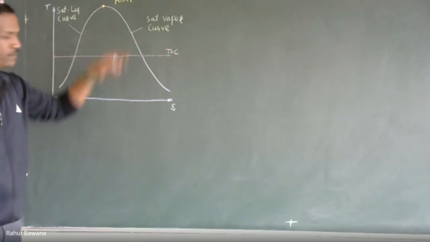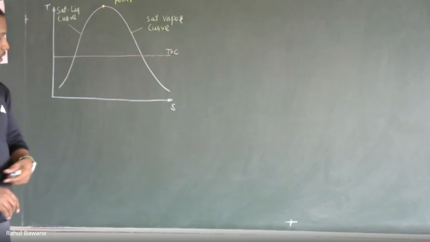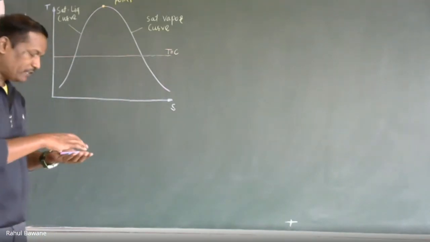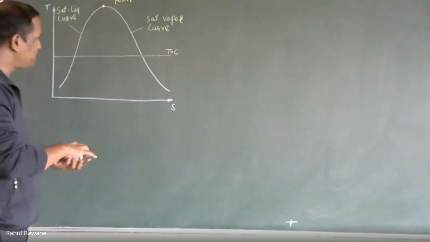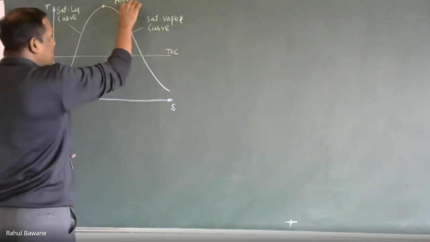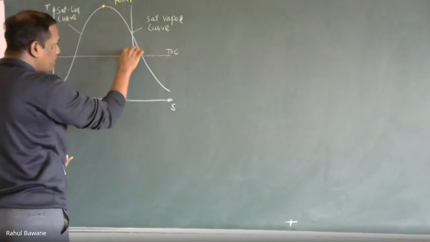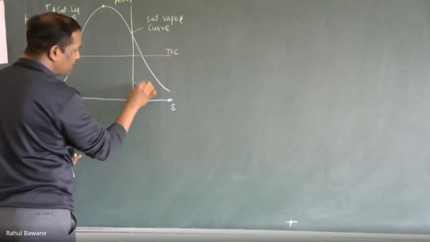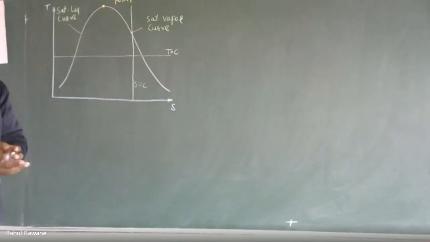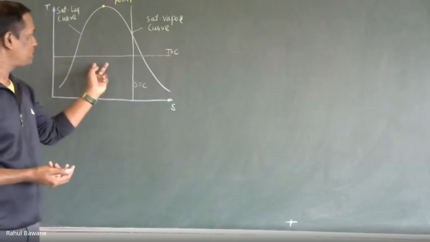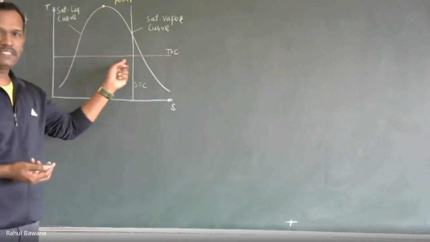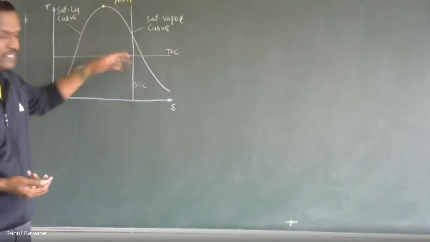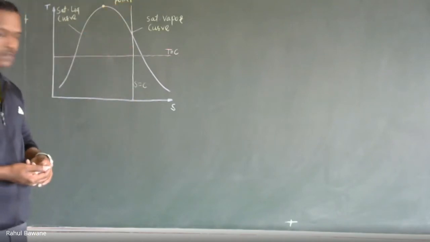If any process is an adiabatic process, entropy remains the same. In that case, we get an exactly vertical line where entropy is constant. So a constant temperature process is visible as a horizontal line, and a constant entropy process is visible as a vertical line.